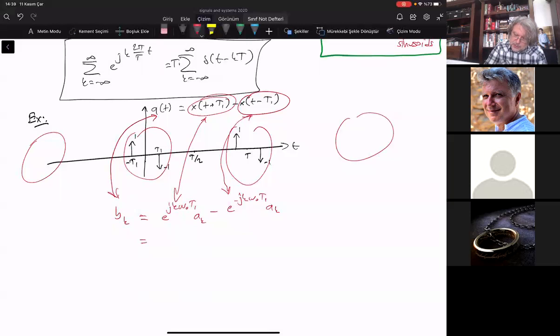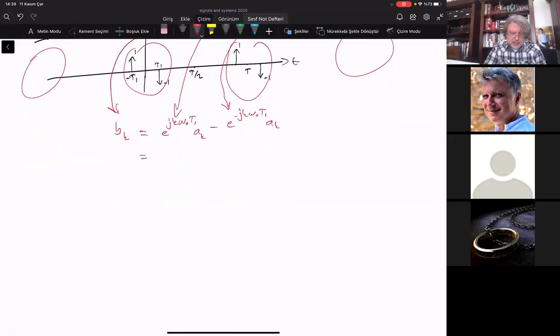The right-hand side of the equation can now be normalized to 1 over capital T, because a_k is 1 over capital T. And then I want to do it like this, in parentheses, e to the jk omega 0 T1 minus e to the minus jk omega 0 T1. And I want it to look like a sine, using the Euler expansion of sine, where we should have it over 2j from the formula.